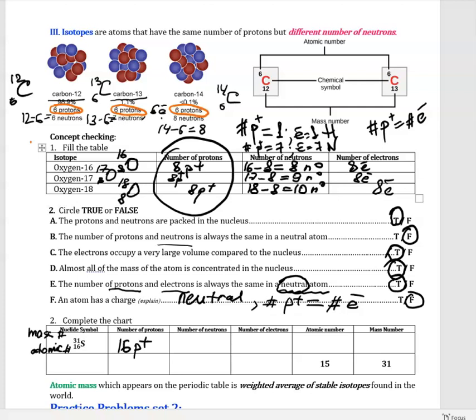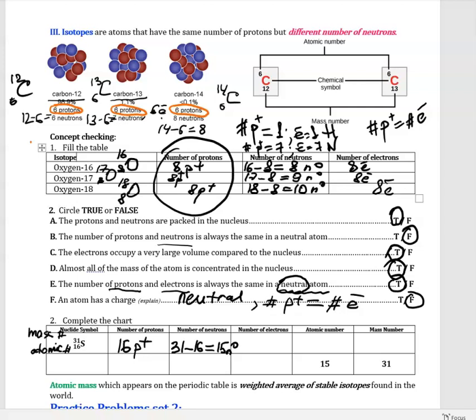Okay. Number of neutrons. The number of neutrons we need to calculate. So the mass number 31, it's on top, minus the atomic number, which means the number of protons, minus 16, equals 15, correct? Okay, 15 neutrons.